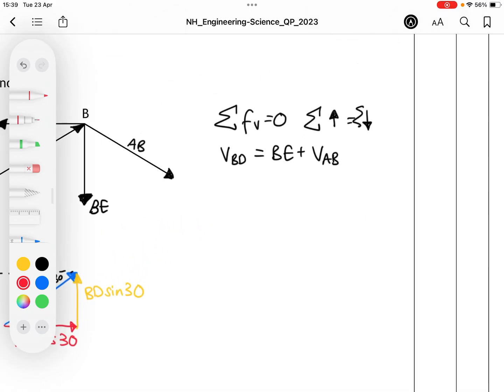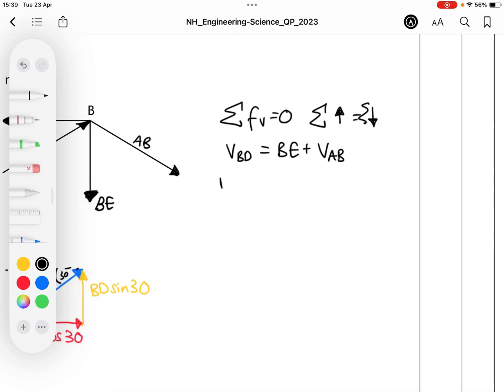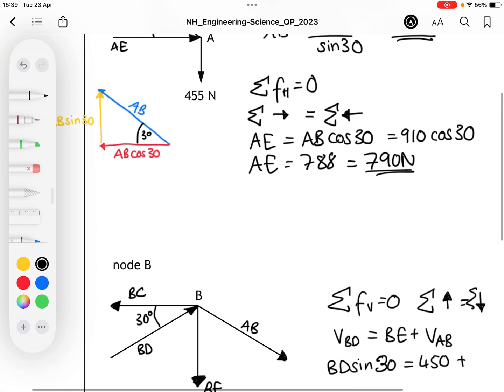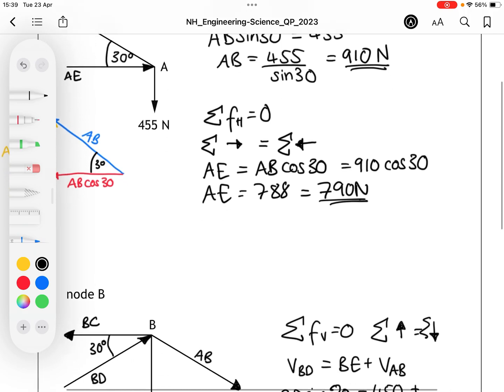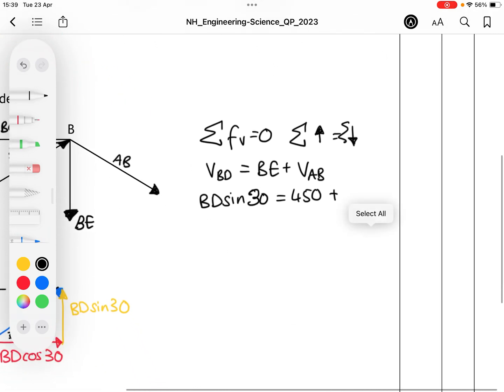Popping that then into this equation, my vertical component of BD is BD sine 30, and that's equal to BE, which is 450, added to the vertical component of AB, which we know AB is 910, so it's going to be 910 cos 30. Oh, sorry, not cos 30, sine 30.